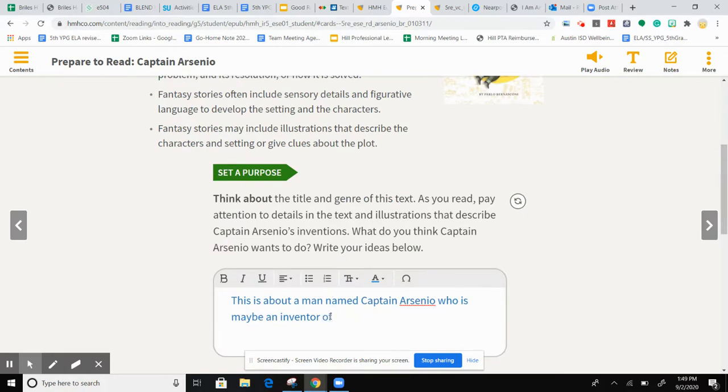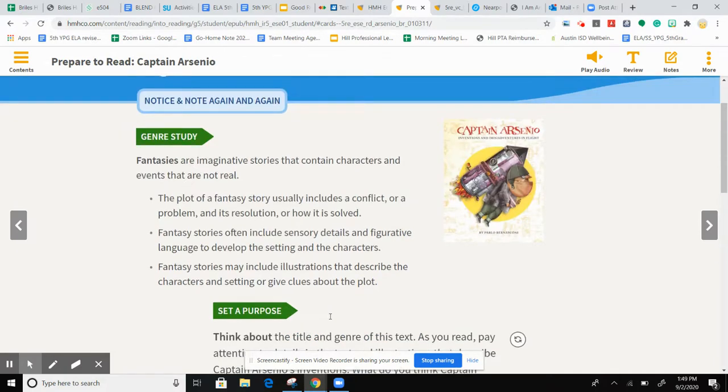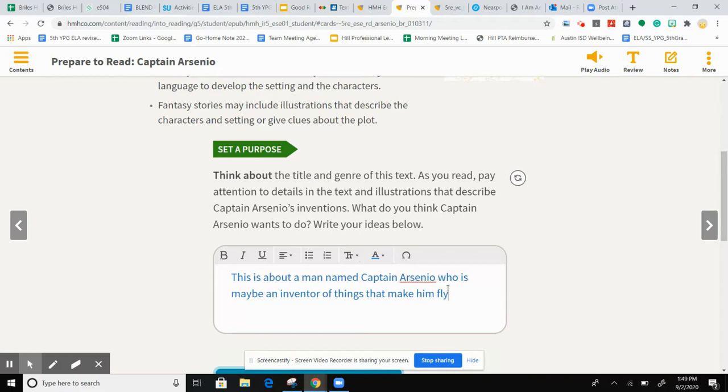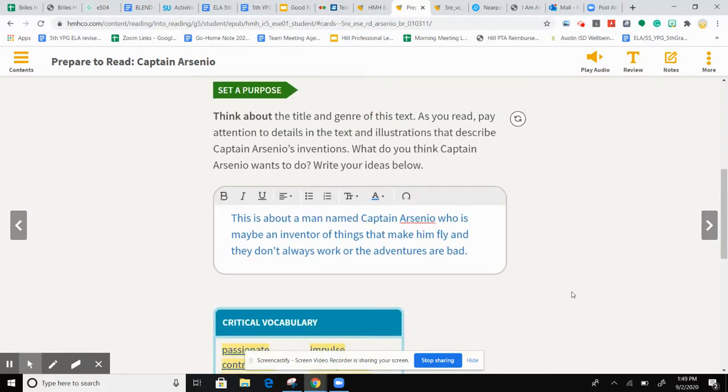Inventor of maybe things that make him fly. And then it said misadventures, so maybe they don't always work, or the adventures are bad. Let's just see if that's what we get.